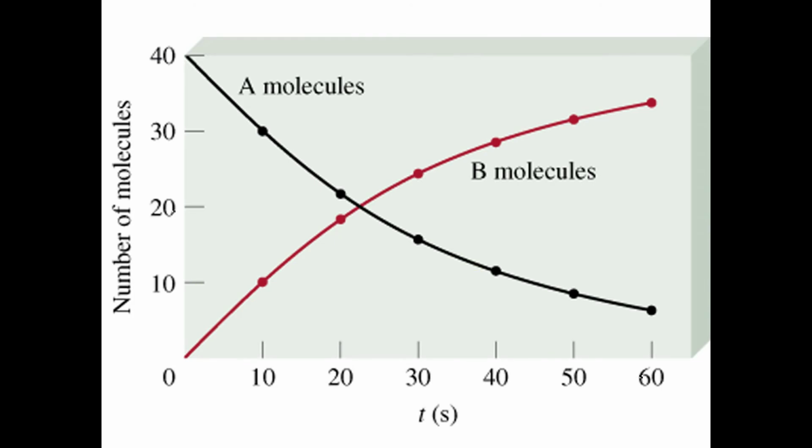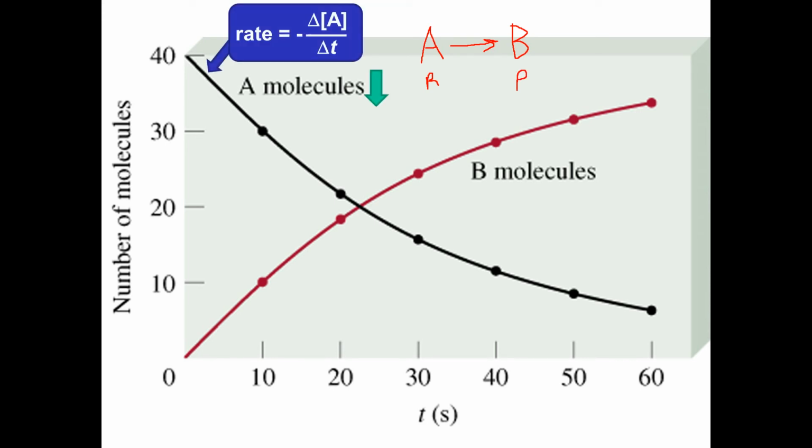Now, we've got a plot of that reaction we were just looking at, A going to B. So this is our reaction. A is a reactant, and B is a product. So when we look at A, it is decreasing.